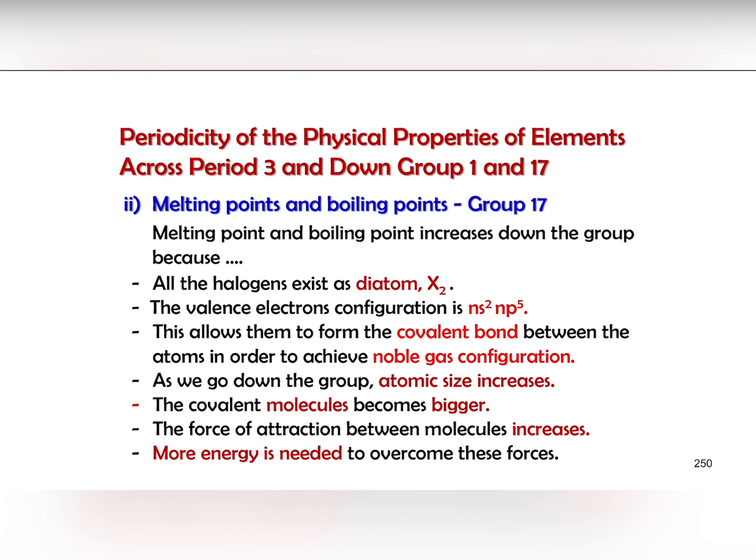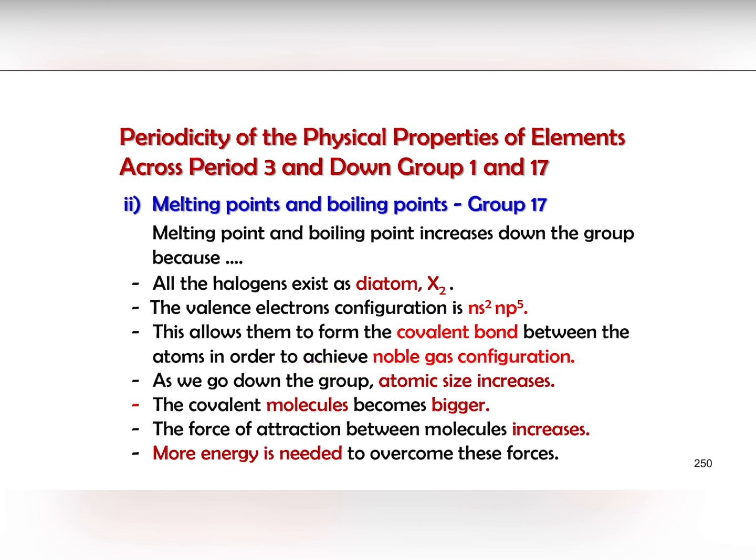So, the valence electron is in the configuration of ns2 np5. So in this case, the valence electron, okay, is being shared with another. Contoh fluorine, dia akan share valence electron dengan another fluorine atom to form a covalent bond in order to achieve noble gas configuration.